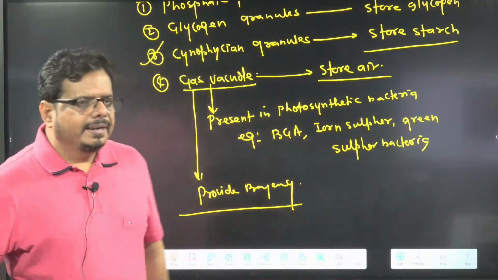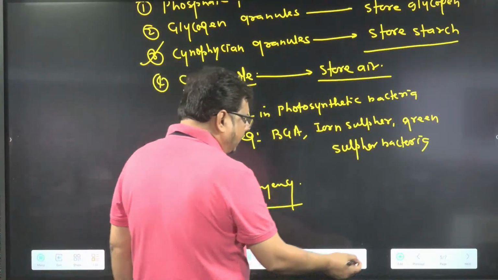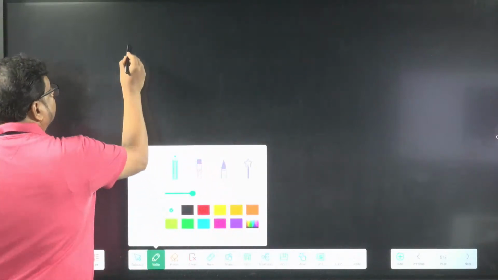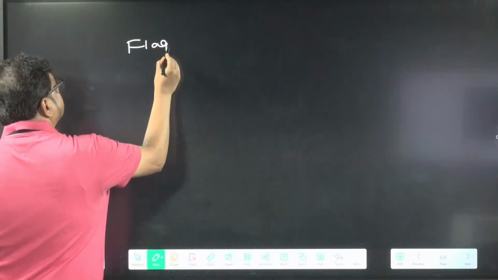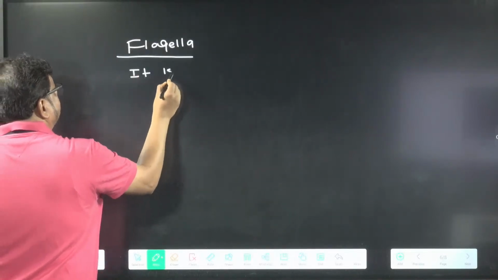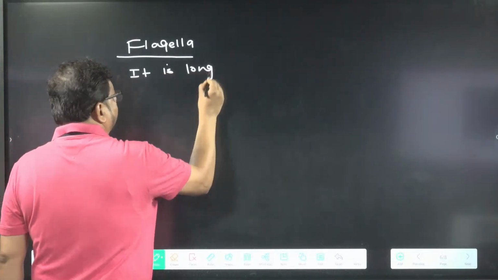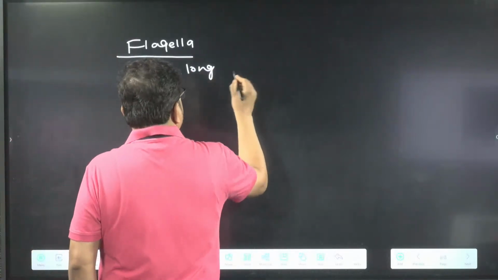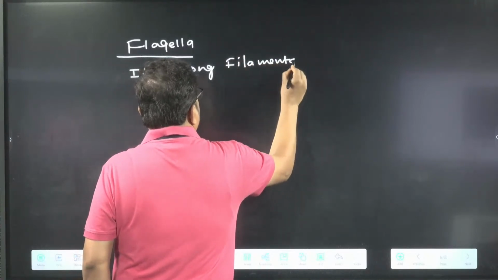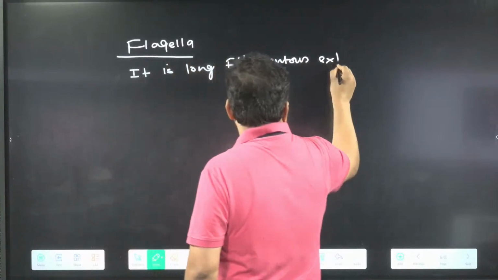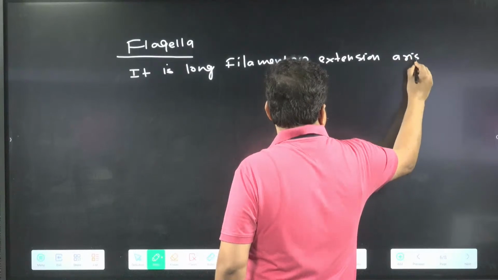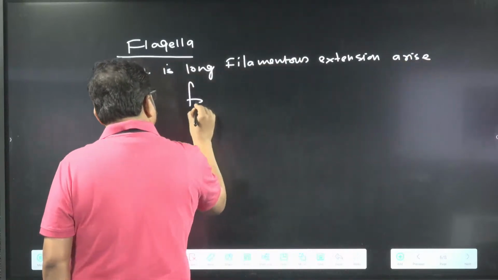Understanding came? Now we are going to talk about flagella. It is a long filamentous extension arising from the cell wall.